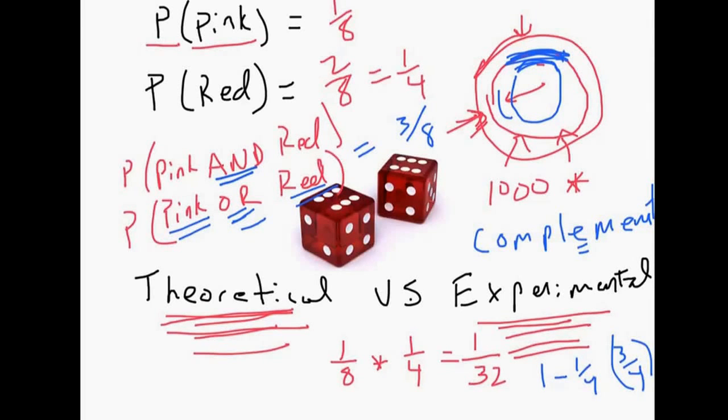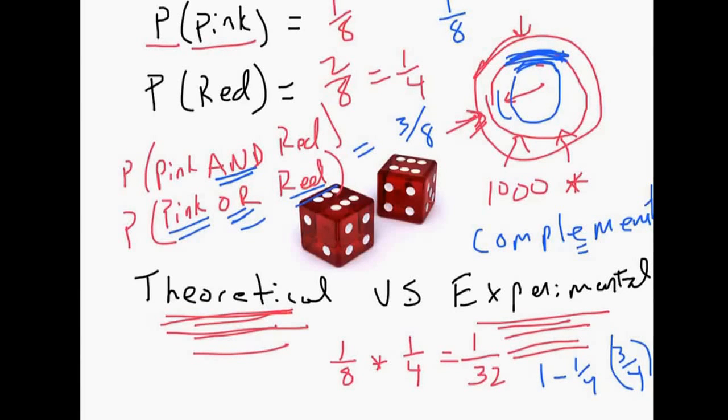So naturally, when you say, what's the probability of me getting pink and red, it's super unlikely because you have to get pink 1/8 of the time. 7/8 of the time, you're going to fail right away because 7 other sections here are not pink.